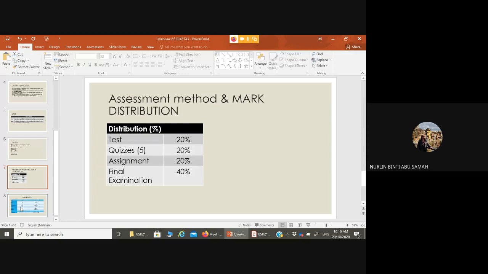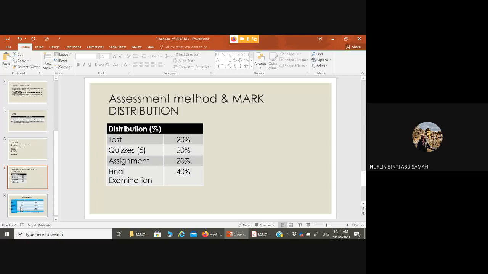Okay, so this is the assessment method and the mark distribution. You can see we have one test covered 20%, 5 quizzes covered 20%, one assignment covered 20%, and final exam covered 40%.